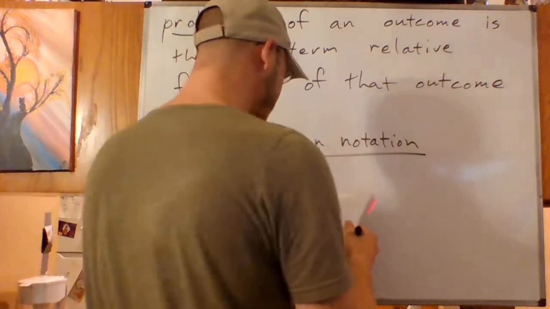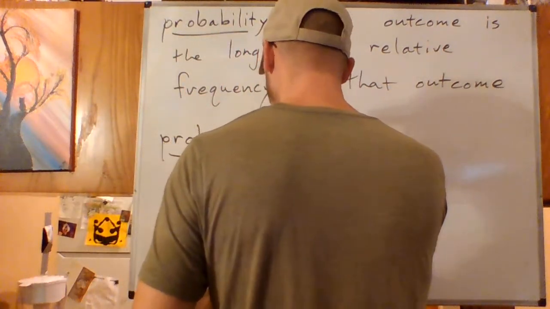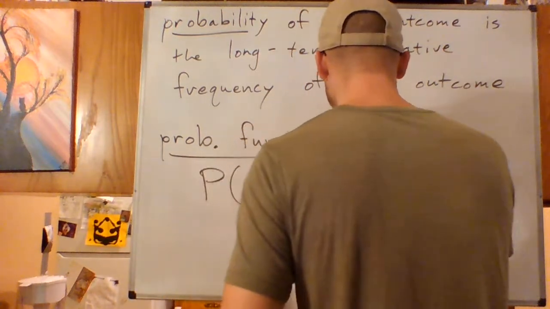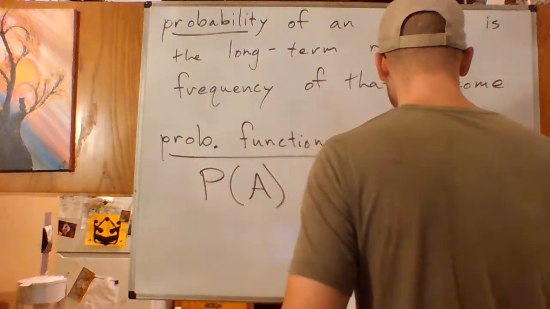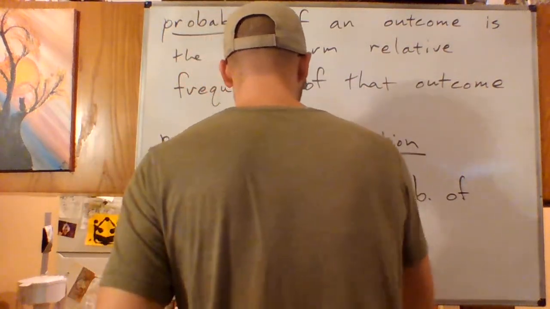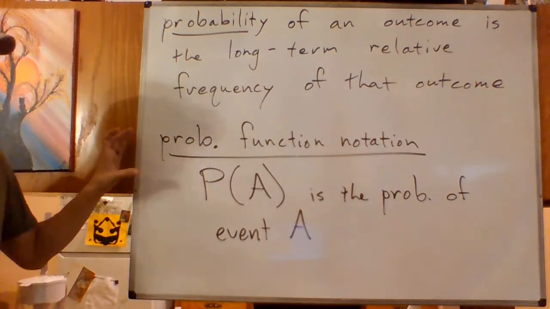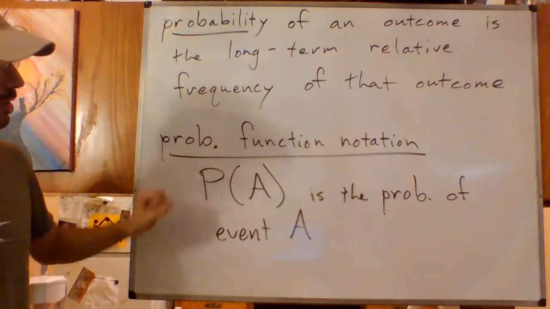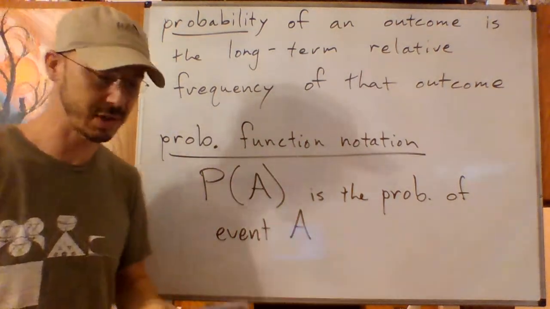A is an event. P of A is the probability of event A. So the notation is this, and it describes the probability of that particular event.